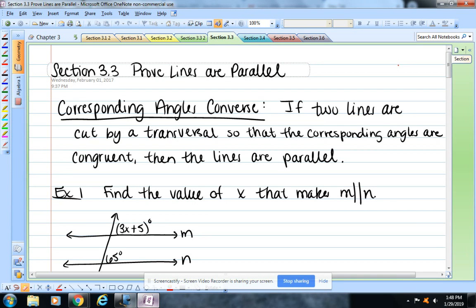The converse theorem said if corresponding angles are congruent, then the lines are parallel. So do you see how they're doing that? Yesterday the theorem told us the lines were parallel, which showed those angles are congruent. The converse theorem tells us those angles are congruent, and that proves the lines are parallel.